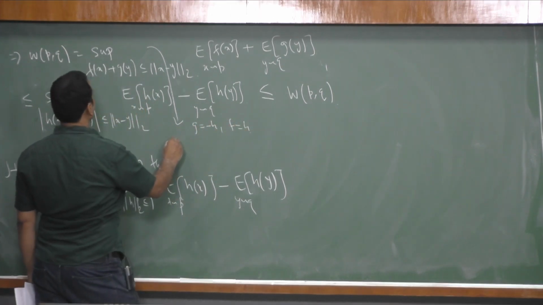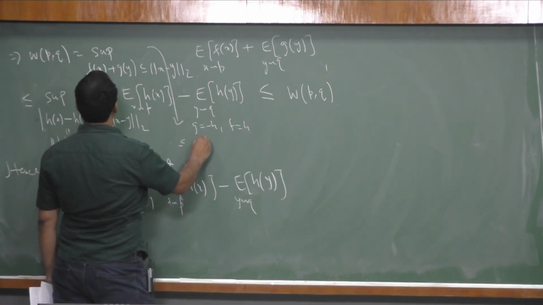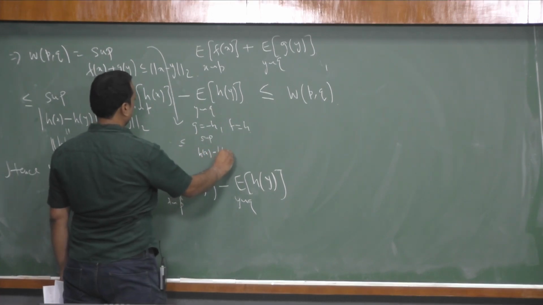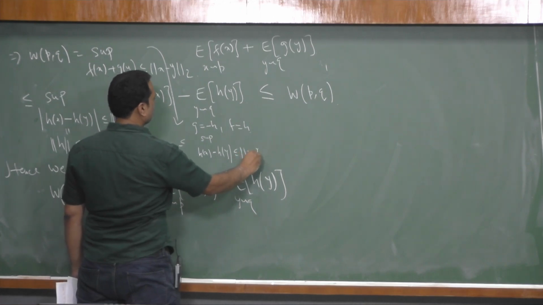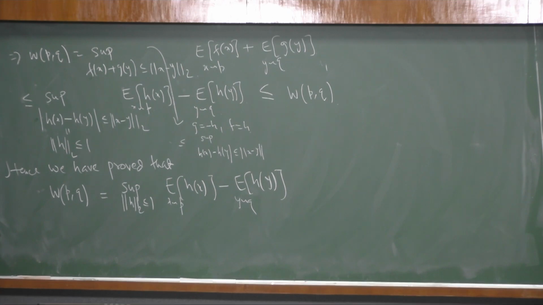So in that case, this supremum will be less than or equal to the supremum over the restricted set, which is hx minus hy less than or equal to norm x minus y. And what I want is also, yes, that's the argument also, right? Because the set is decreasing, then the supremum actually can decrease. Yeah, so that's not that obvious, right?